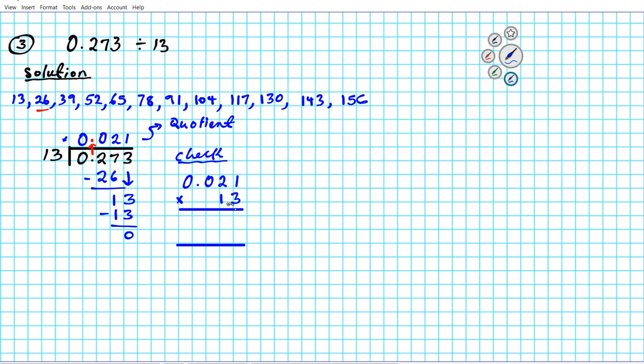So 3 times 1 is 3. 3 times 2 is 6. And everything else is zeros. And then 1 times, so we're going to the tens place now. Sorry, 1 times 1 is 1. 1 times 2 is 2. Everything else is 0. Just add it downwards.